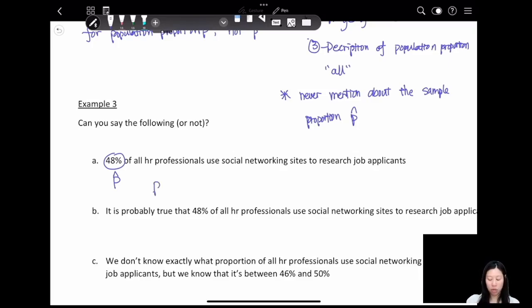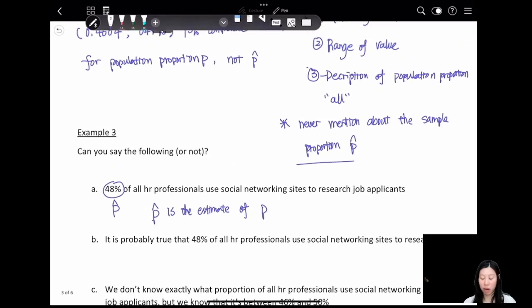Remember that p hat is the estimate of the population proportion. Whenever we mention p hat, that means this is wrong. We can't make a conclusion like that. Sometimes the sample proportion will equal the population proportion, but not necessarily, for example when the data doesn't pass the success-failure condition or the central limit theorem conditions.